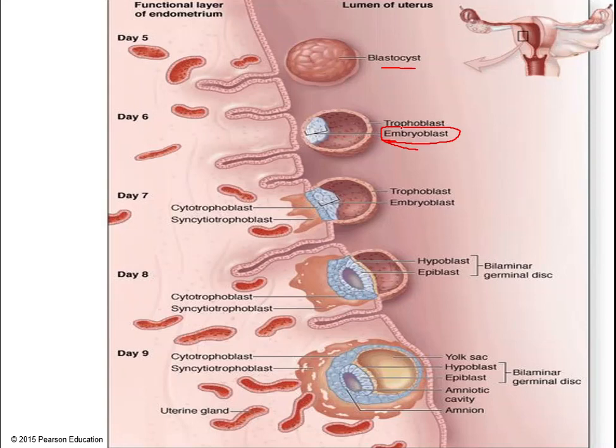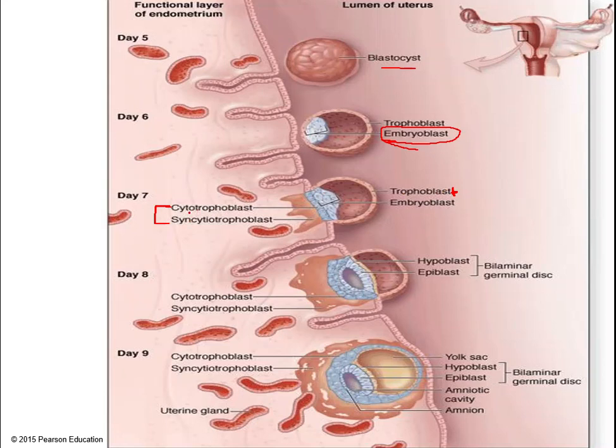Because the moment the trophoblast cells make contact with the endometrial lining, they will differentiate into two specific layers of cells.